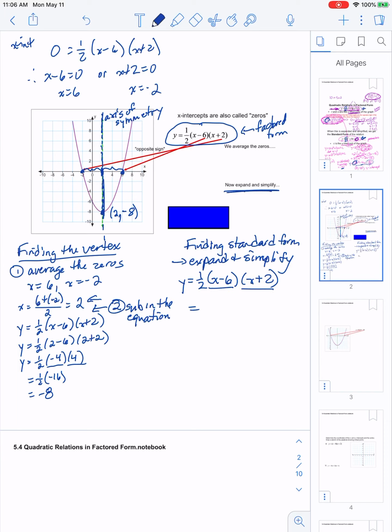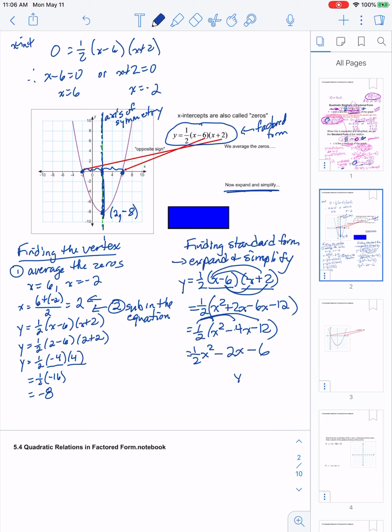Expand the bracket parts first, so leave the 1/2 out in front. x times x is x squared. x times 2 is 2x. -6 times x is a minus 6x. -6 times 2 is -12. Simplify what's inside that bracket, so x squared minus 4x minus 12. And now multiply everything by 1/2, so you get 1/2 x squared, 1/2 times -4 is minus 2x, and 1/2 times -12 is minus 6. So the y-intercept equals -6.